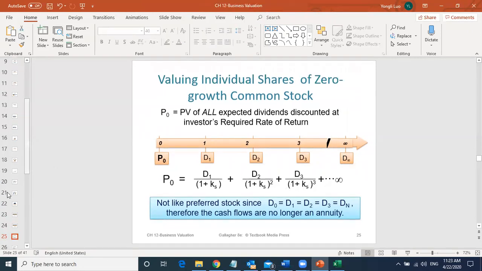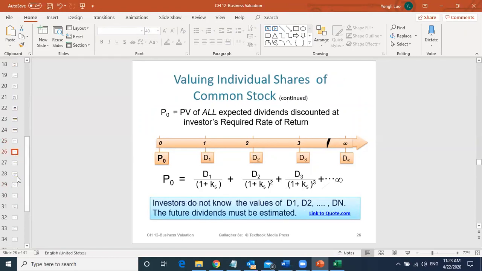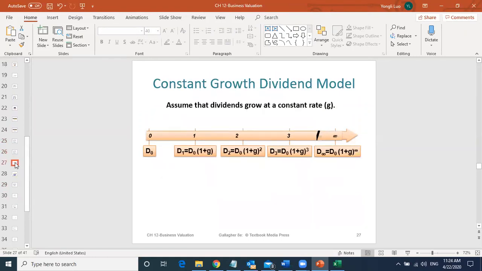So you can use the dividend divided by the required rate of return to get the price of this common stock. But the most common one is the constant growth dividend model. Sometimes they call it the constant dividend growth model.